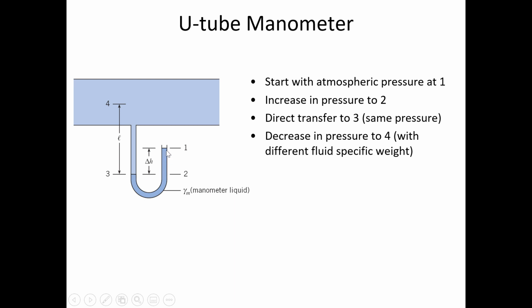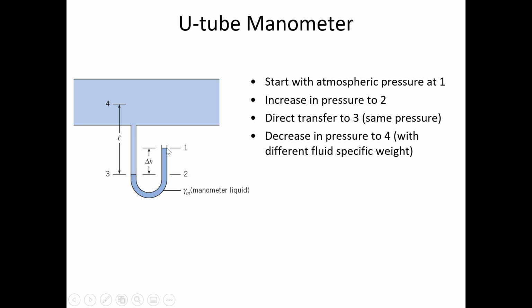So we just say we're going to go vertically down until a point at which there would be a transition somewhere in the U-tube. On the other side of the U-tube is the barrier between the fluid that's going through the pipe and the manometer liquid. So there's 2 at the same elevation as this 3 on the other side.